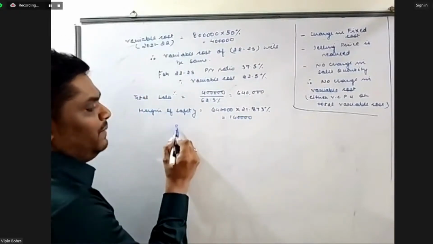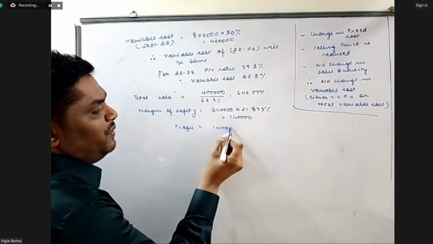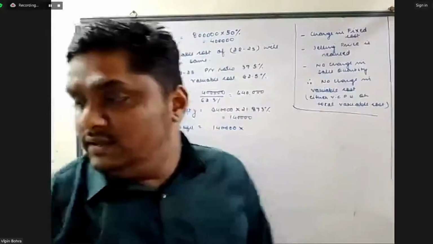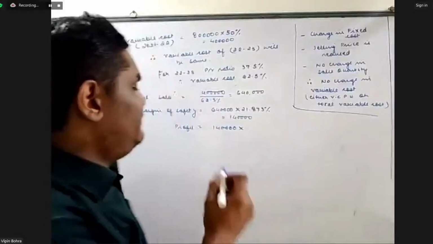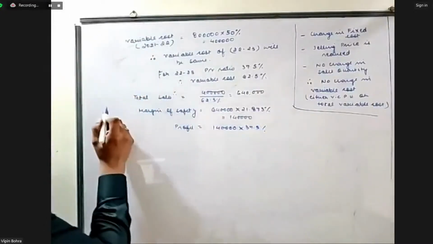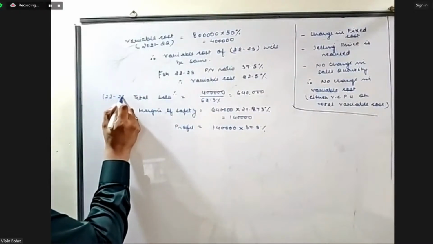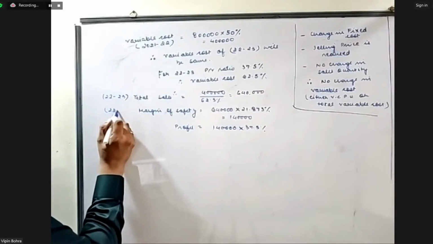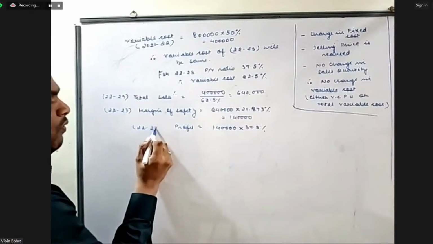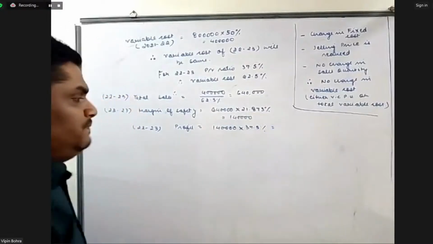If we multiply margin of safety sales with PV ratio, my PV ratio in year 2 is 37.5%, we will get the profit.